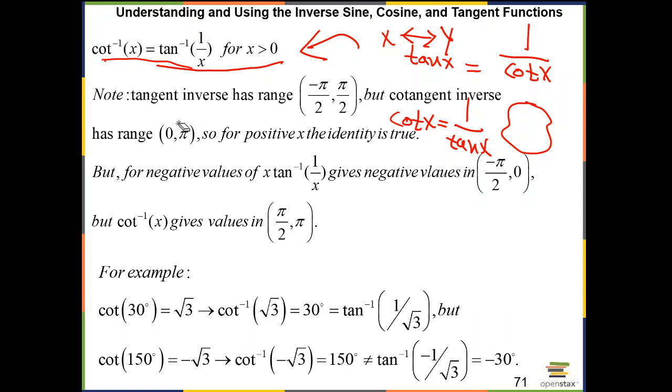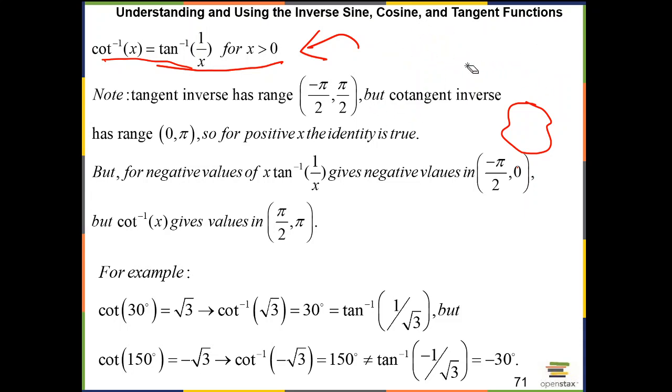So from negative pi over 2 to 0, for these values, so for negative values of x, tangent inverse gives negative values, right, because of the range. Remember what tangent inverse means.